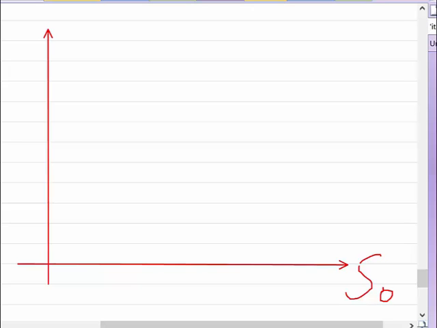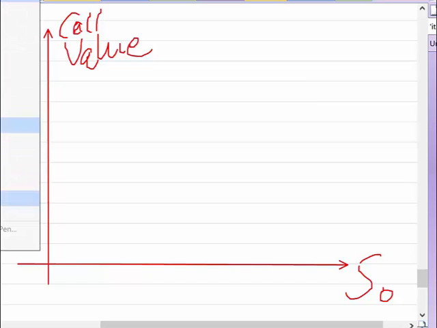So this is the call value on the vertical axis, and the horizontal axis is for the underlying stock value at this moment. So let me get the marker.